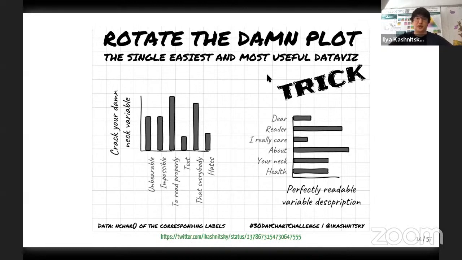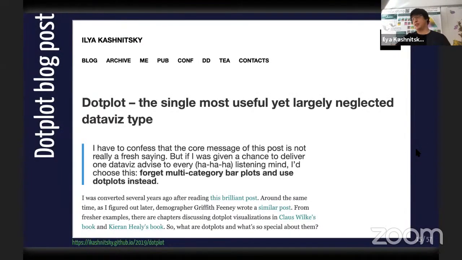Yeah. This particular image came as part of the same 30 days chart challenge. And I actually started a small initiative with the hashtag rotate the damn plot. So I try to formulate these simple rules as hashtags, but I haven't yet pushed this idea forward.